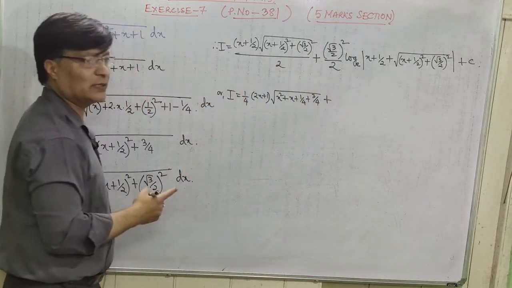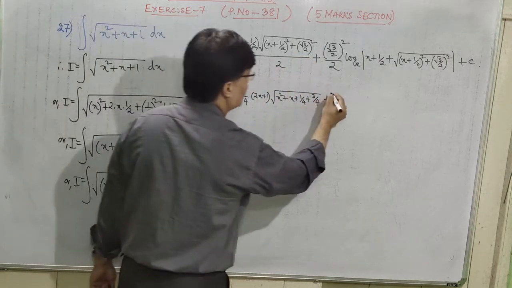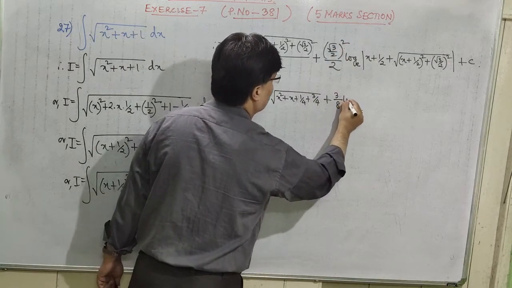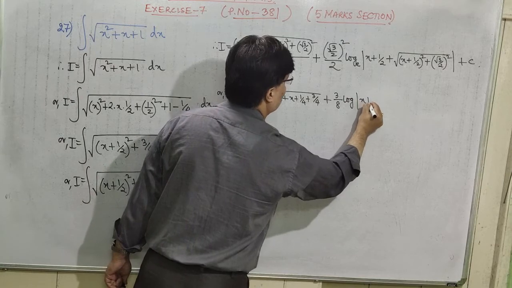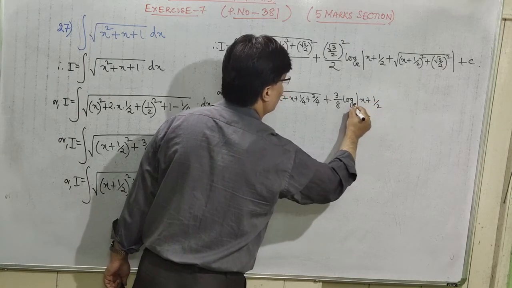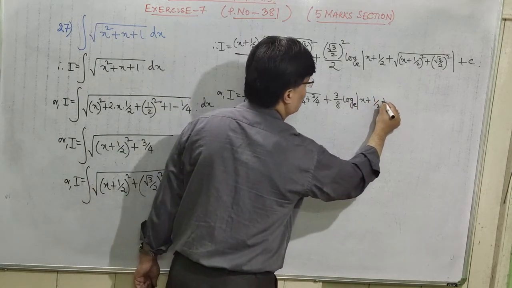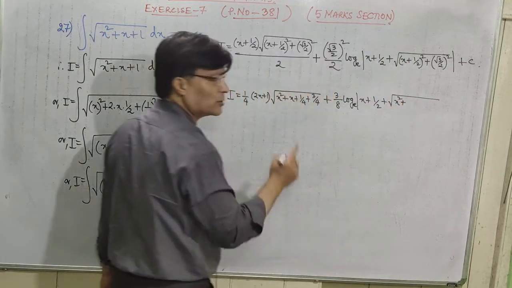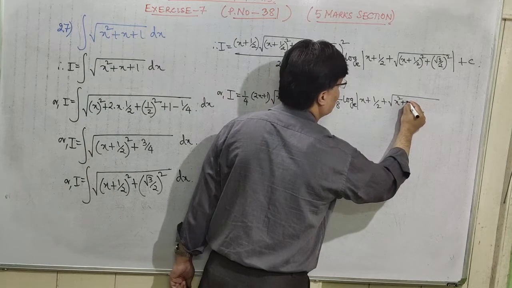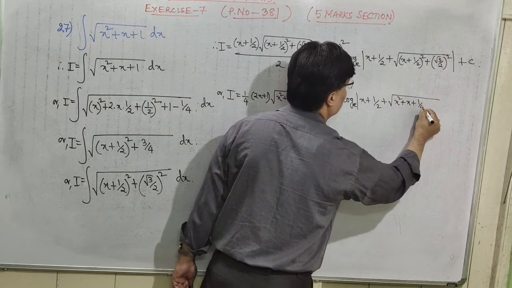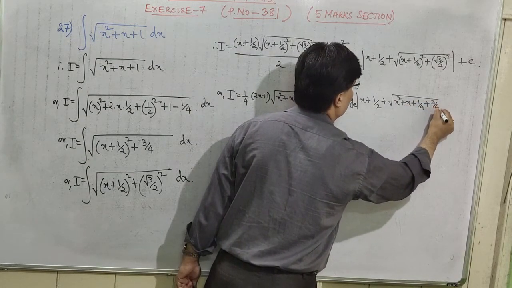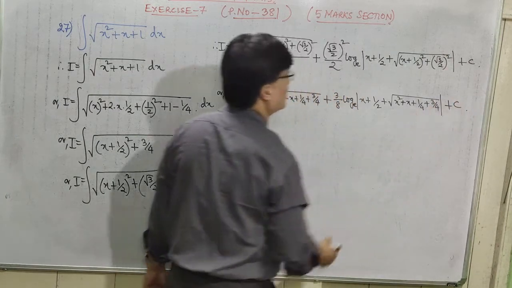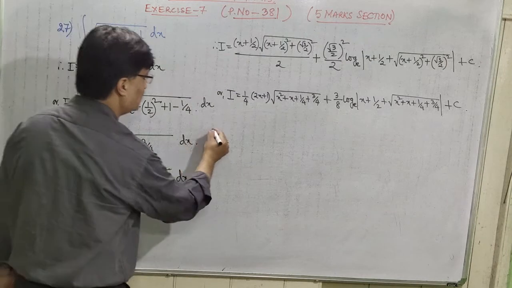Plus, let us simplify it, what is root over 3 whole square? That is your 3 divided by 2 square is 4, 4 2s are 8, log within mod, this is x plus half, here the base is e, plus within square root, let us simplify it, x square, a square plus twice ab is 2 into x into half, that is x plus 1/4 plus root 3/2 whole square is 3/4, mod sign closed, plus c, okay?